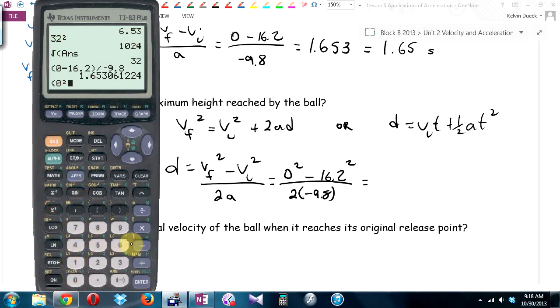Zero squared, take away 16.2 squared, all over bracket 2 times negative 9.8. Did I type something in here wrong? I squared outside the bracket because I'm getting a negative, and I know I ended up above from where I started. Thank you. That's got to go there.